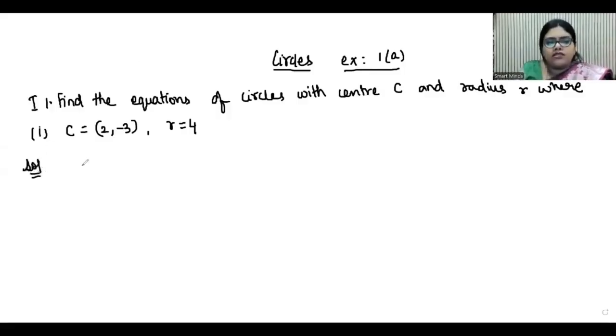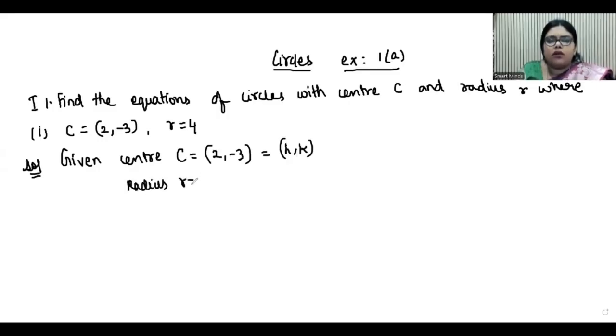So first let us write what is given to us. Given center C is equal to 2 comma minus 3. Let us take this center as h comma k and radius r is equal to 4.